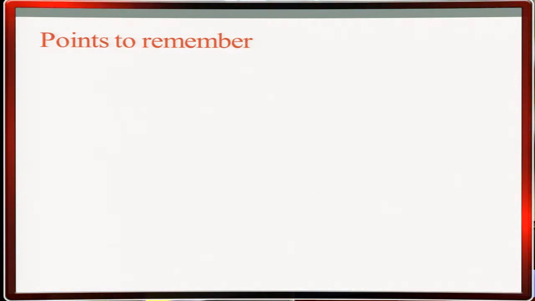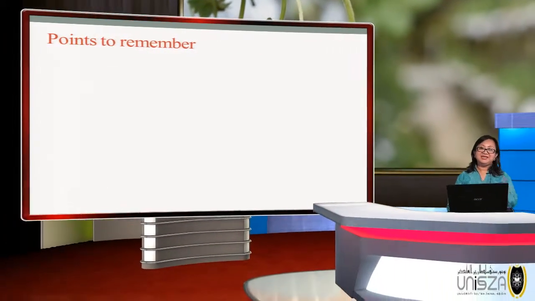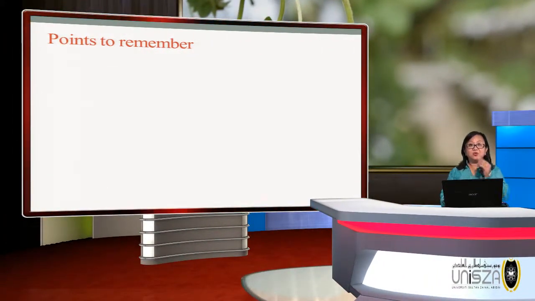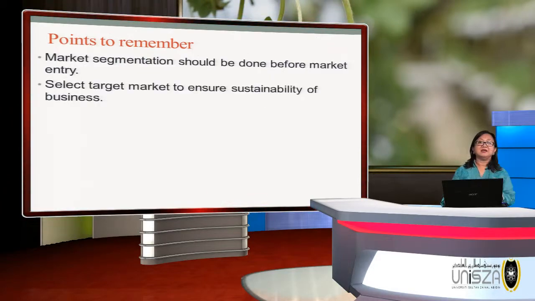So we have come to the end of our lecture on agricultural marketing. I would like to wrap up the important points that you must remember at your fingertips. First, market segmentation should be done before you go for market entry. Second, you must select your target market to ensure sustainability of your business.